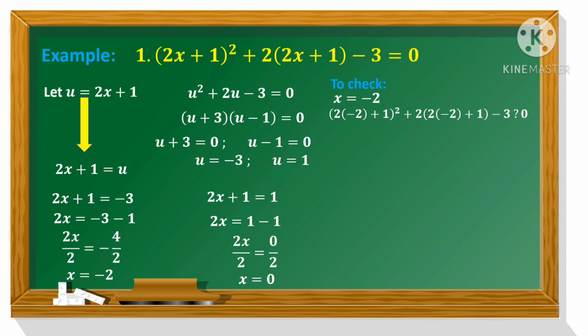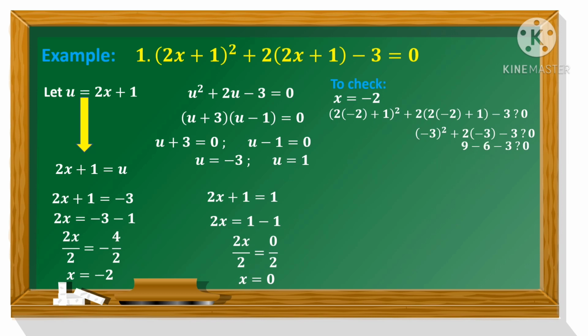So you have negative 2 times 2, negative 4 plus 1 is negative 3, which is squared. Then do the same thing on the second term: 2 times negative 2, negative 4 plus 1 is negative 3, times 2, then minus 3. Then we have to square negative 3, which is 9, plus 2 times negative 3 is negative 6, then minus 3.